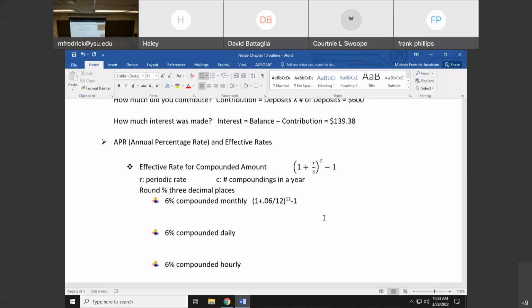Okay, what if I plug in wrong? 6%, 0.06.